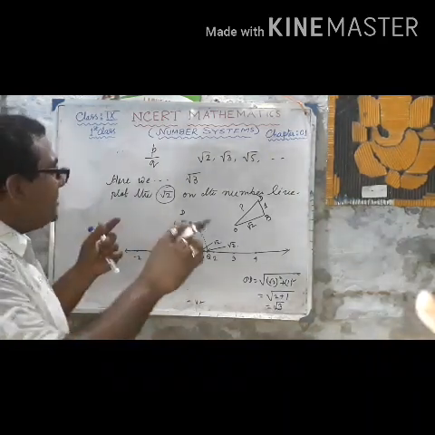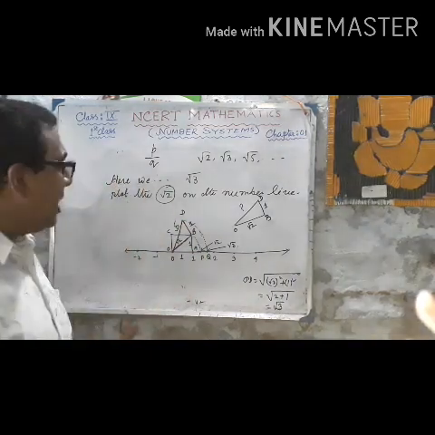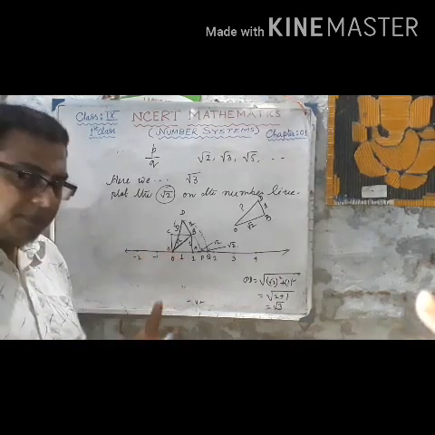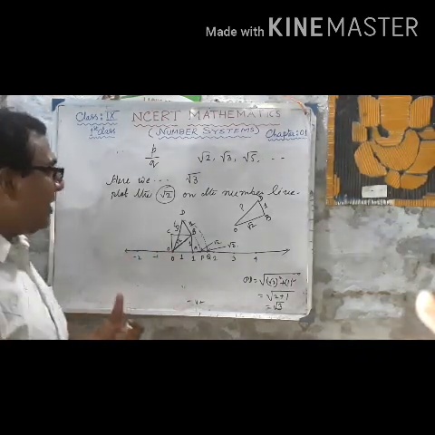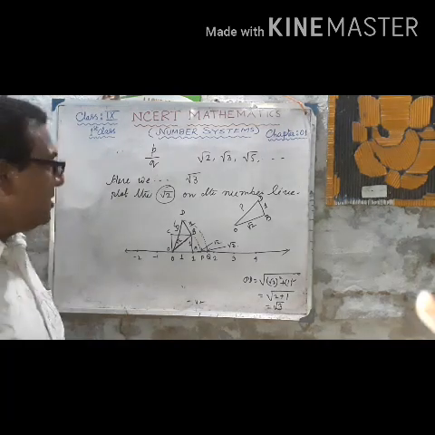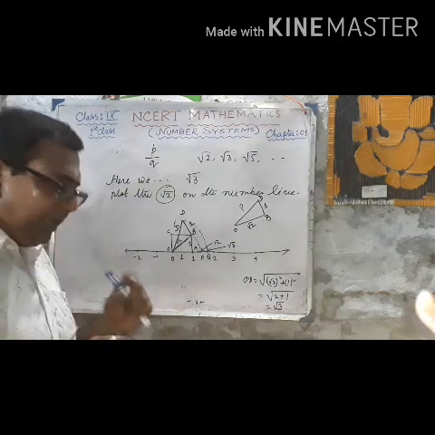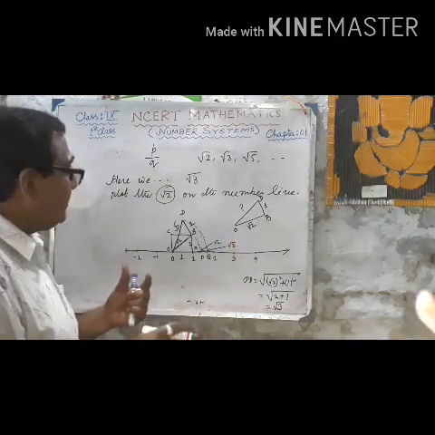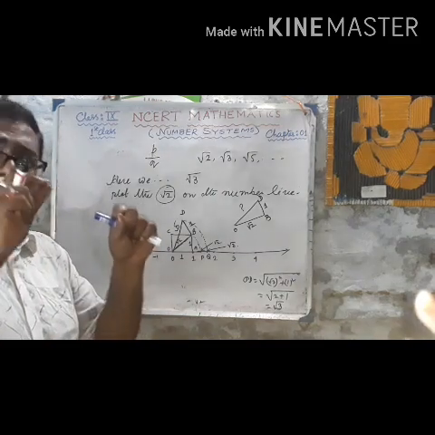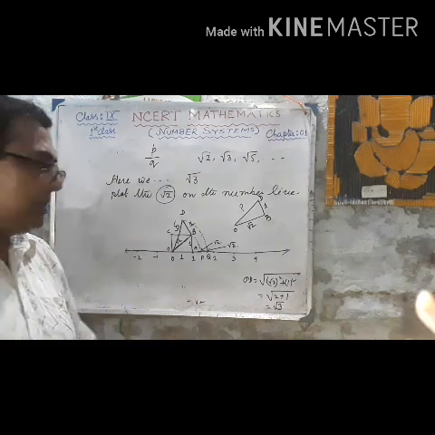So this is our first class discussion about the number system: various types of numbers, natural numbers, whole numbers, integers, rational numbers, irrational numbers, how to plot irrational numbers on the number line, and how to insert rational numbers between two given rational numbers.